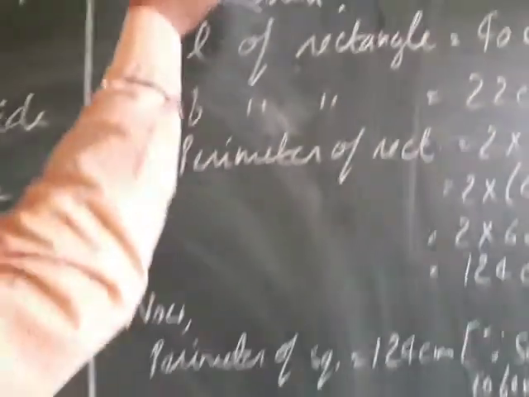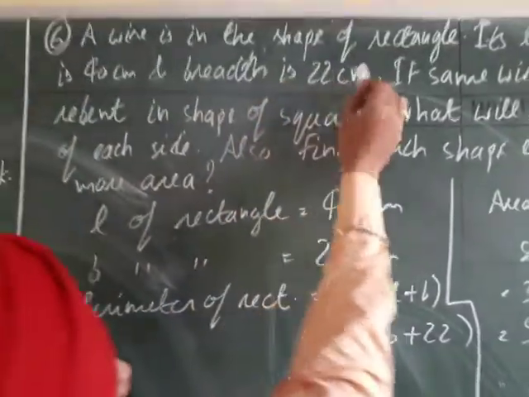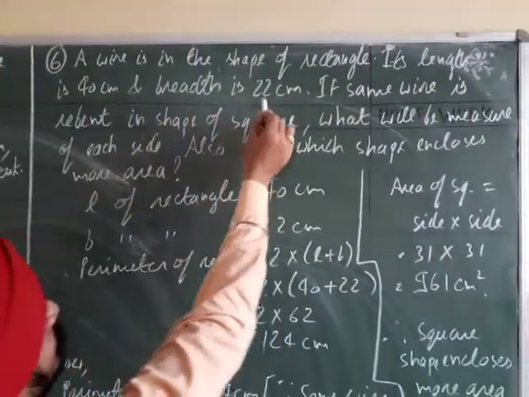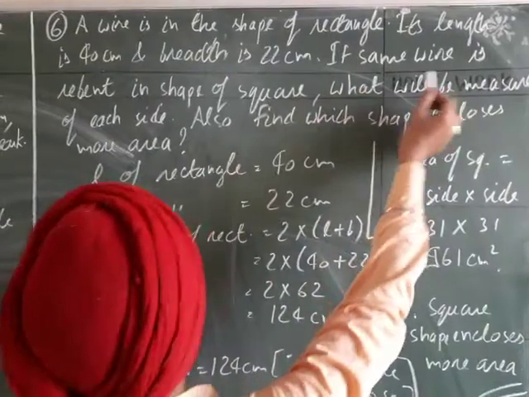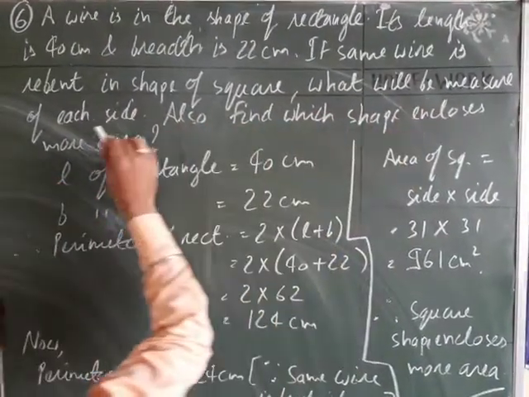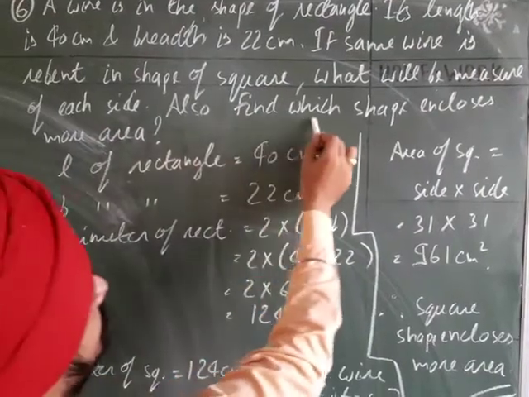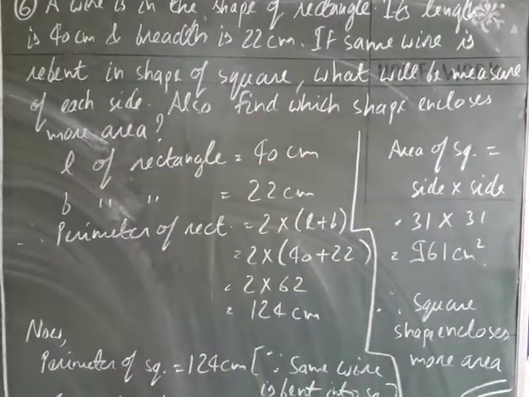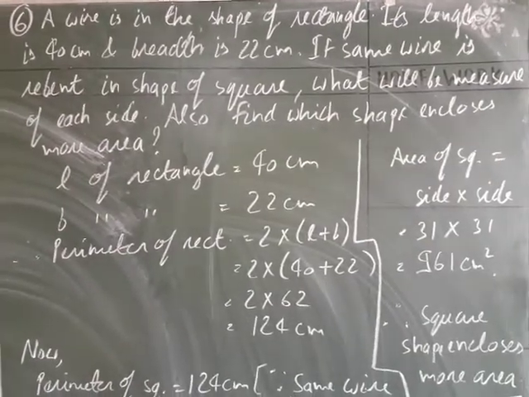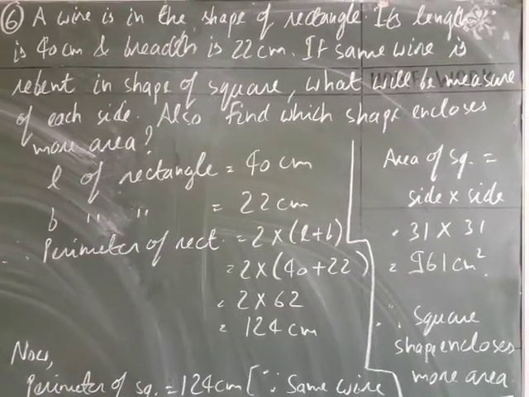Now see sixth question. A wire is in the shape of rectangle. Its length is 40 centimeter and breadth is 22 centimeter. If same wire is rebent in shape of square, what will be the measure of each side? Also find which shape encloses more area. So remember students, whenever any wire is converted in any shape, then perimeter of both the shapes remains same.